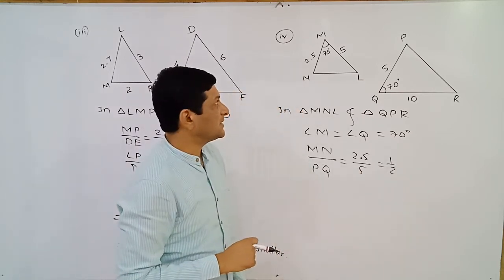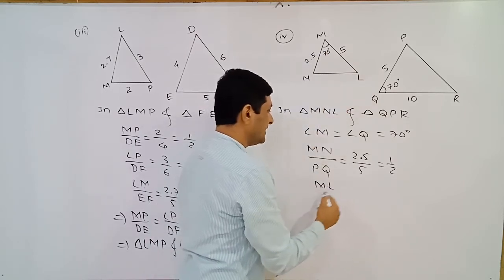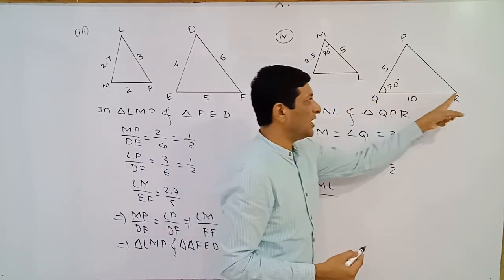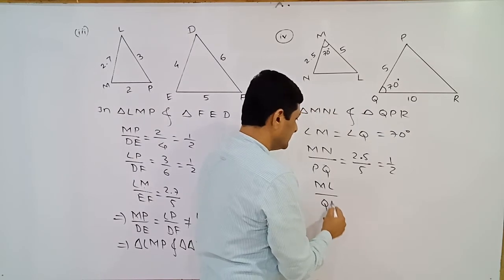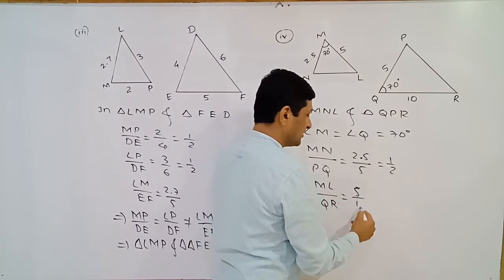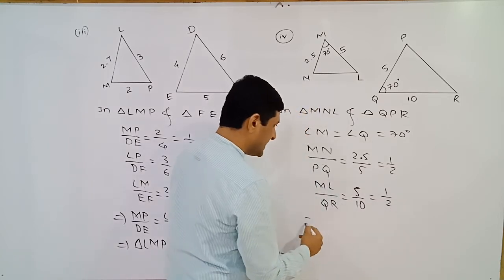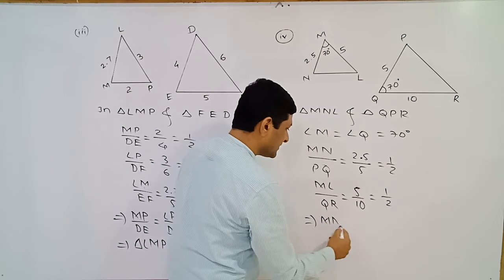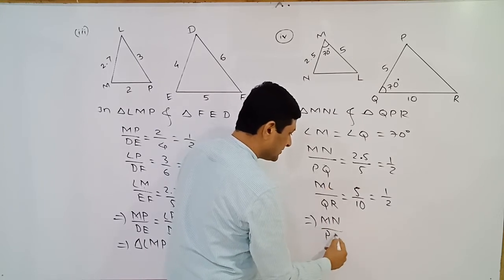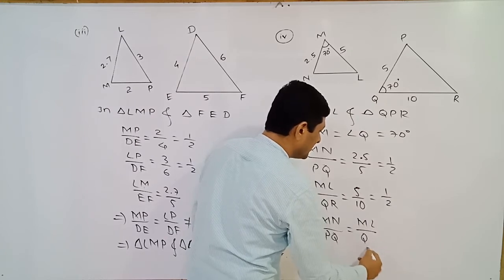Now let us consider the third side ML and here QR. Substituting the values, 5 and 10, this ratio is also equal to 1 by 2. So this implies that MN upon PQ is equal to ML upon QR.